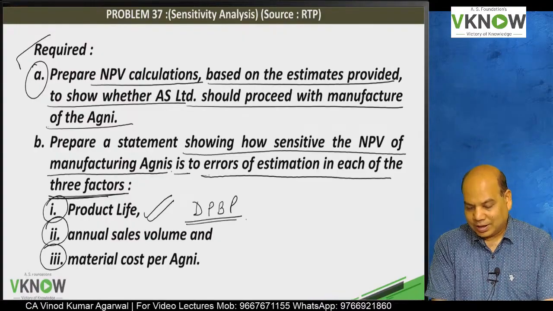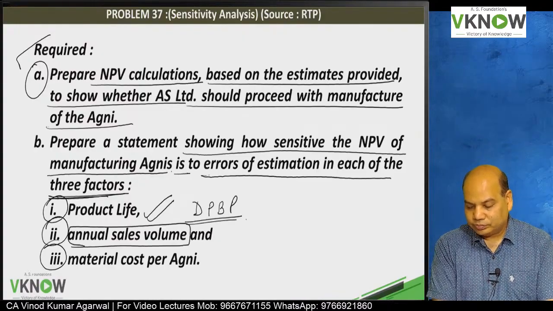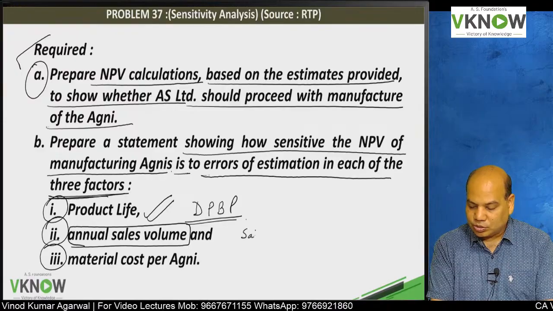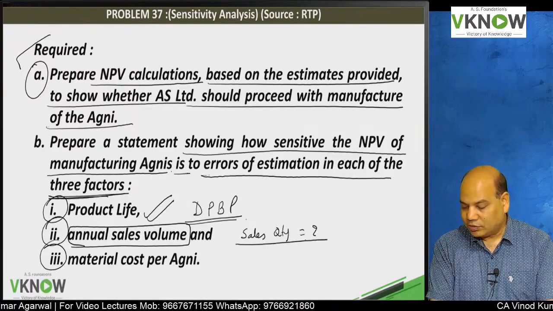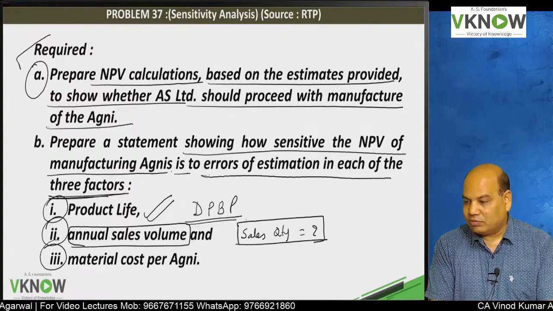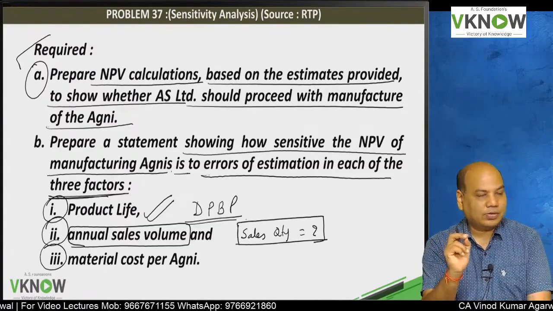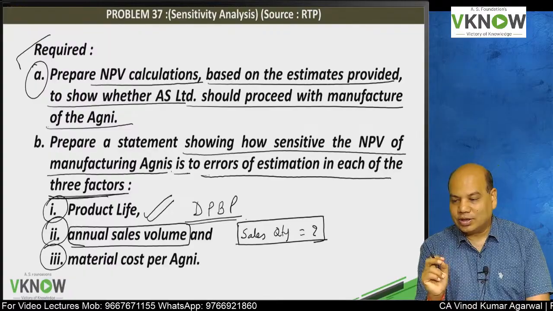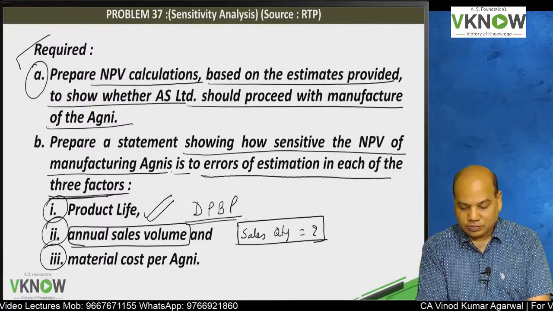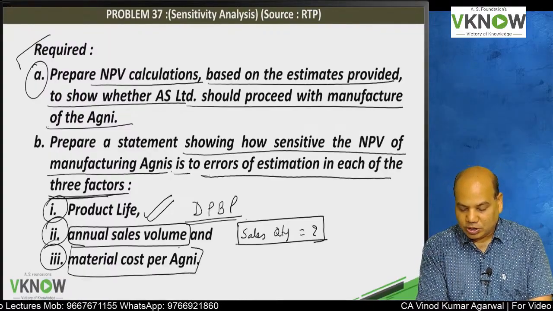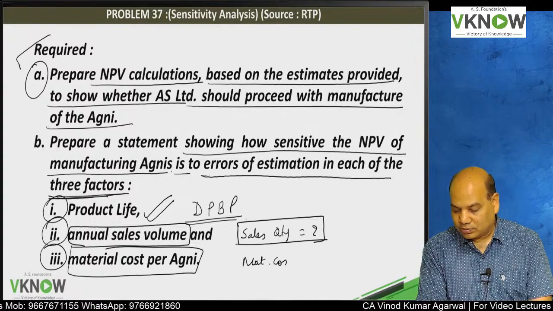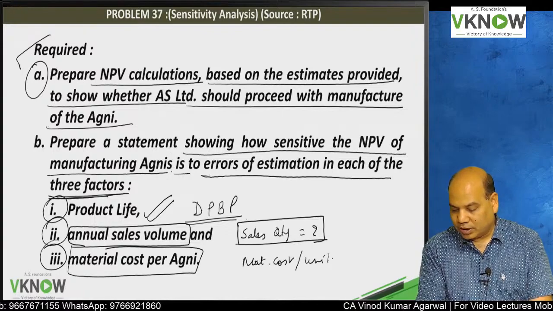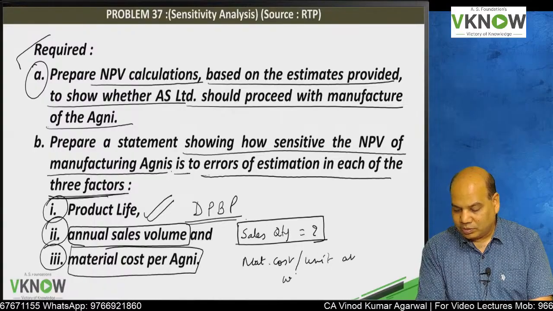Annual sale volume, what should be the sales quantity at which NPV will be 0, and then what should be the material cost per unit at which NPV will be 0.